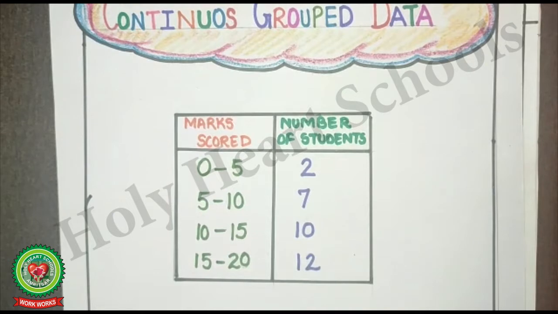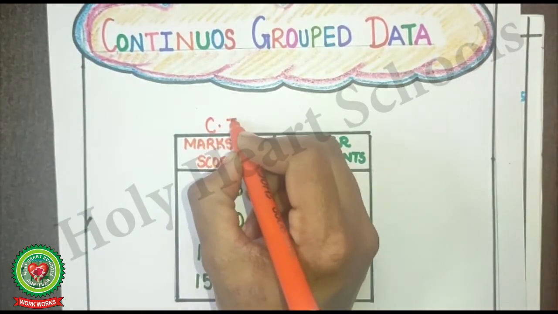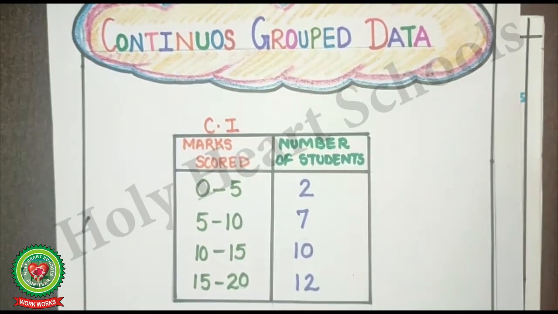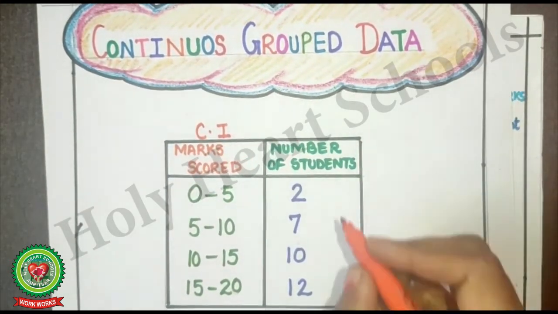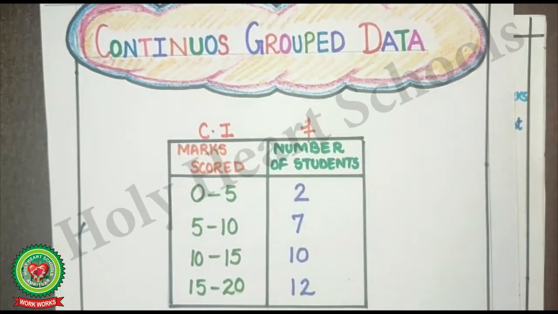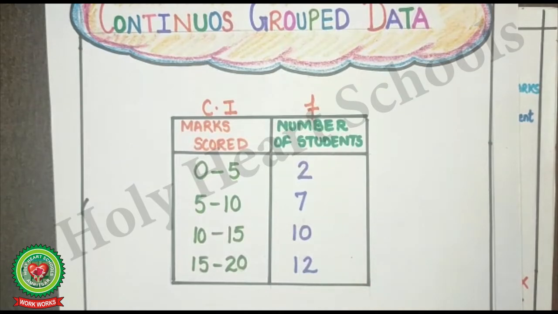The thing which is given in intervals is known as class interval. And the thing which is given in numbers is the frequency. When we arrange data in this tabular form, that is known as grouped data.